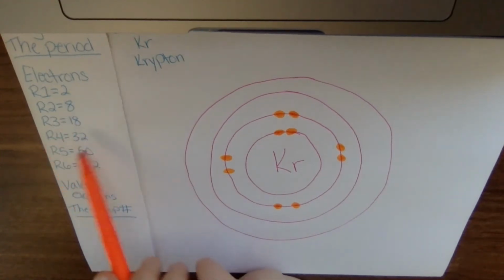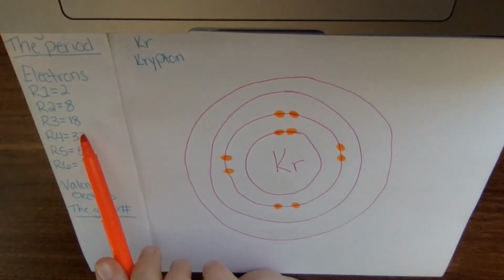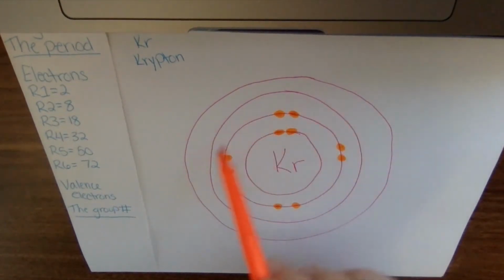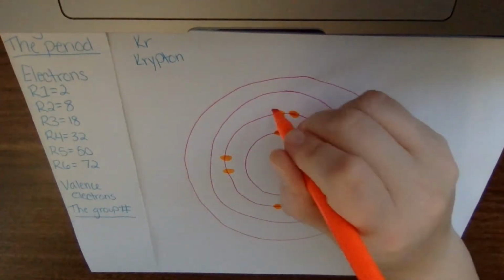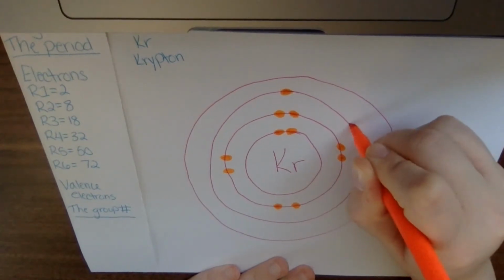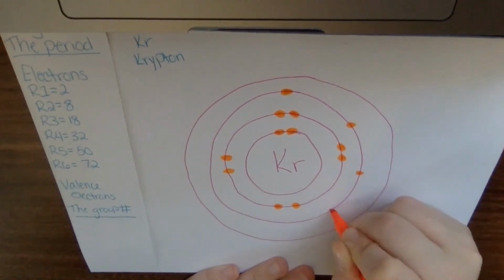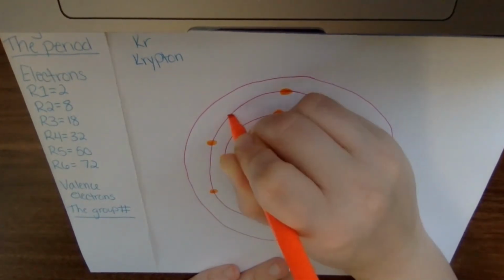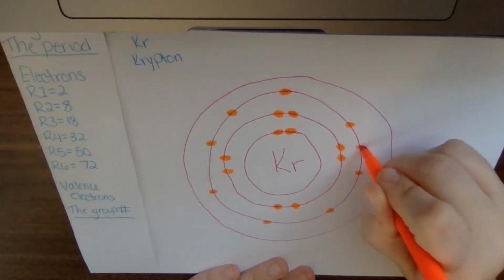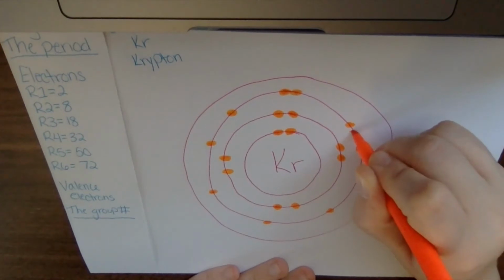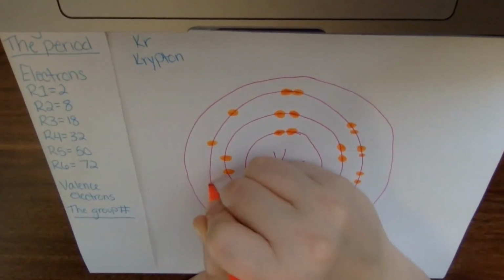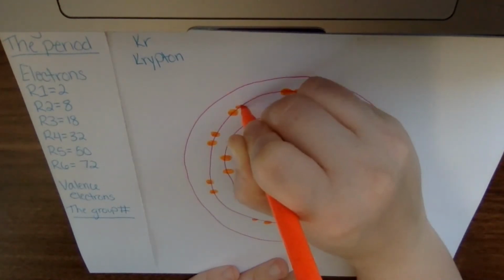The next one can hold 18, so this is going to be completely filled. So I have 1, 2, 3, 4, 5, 6, 7, 8, 9, 10, 11, 12, 13, 14, 15, 16, 17, 18.